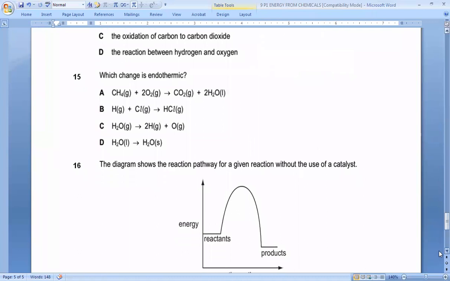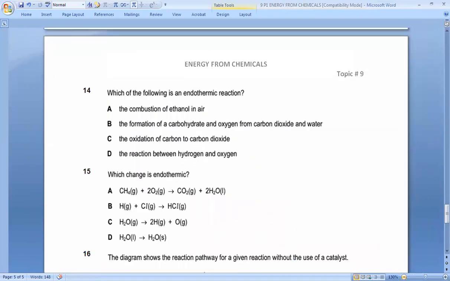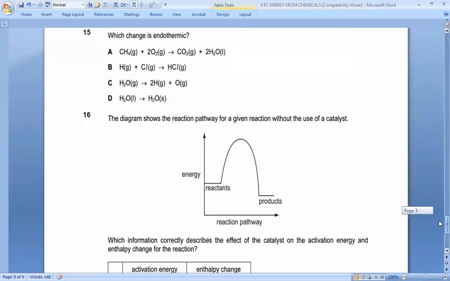Last question, the diagram shows the pathway of a given chemical reaction. Reactants are above, then the products. So this should be the exothermic reaction.